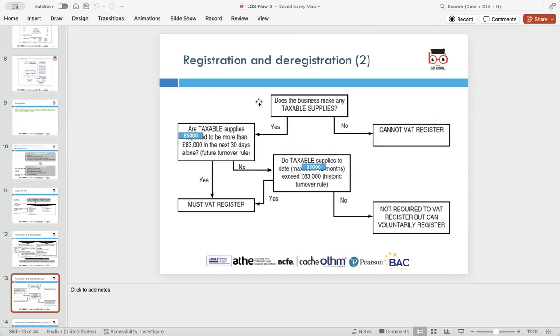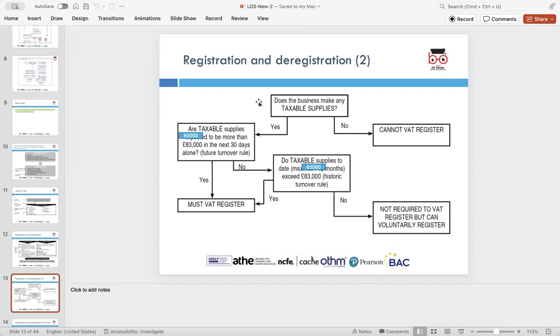These rules help determine if the business makes taxable supplies and if its turnover exceeds a certain threshold. Firstly, we need to assess whether the business makes any taxable supplies. Taxable supplies refers to goods or services that are subject to VAT.